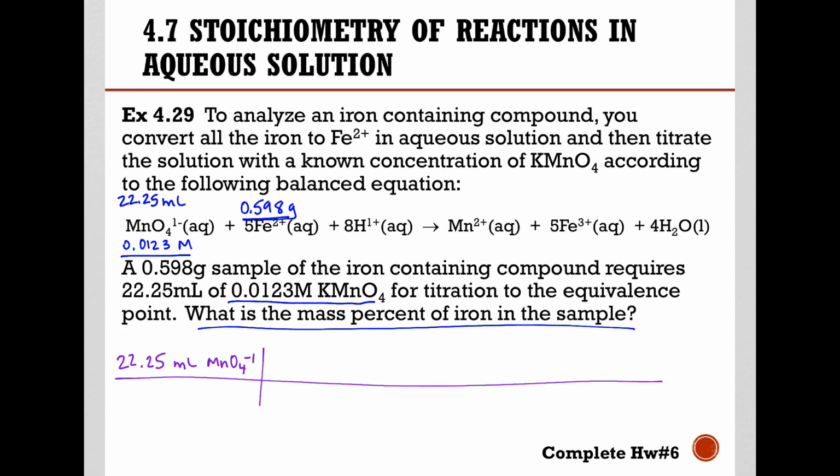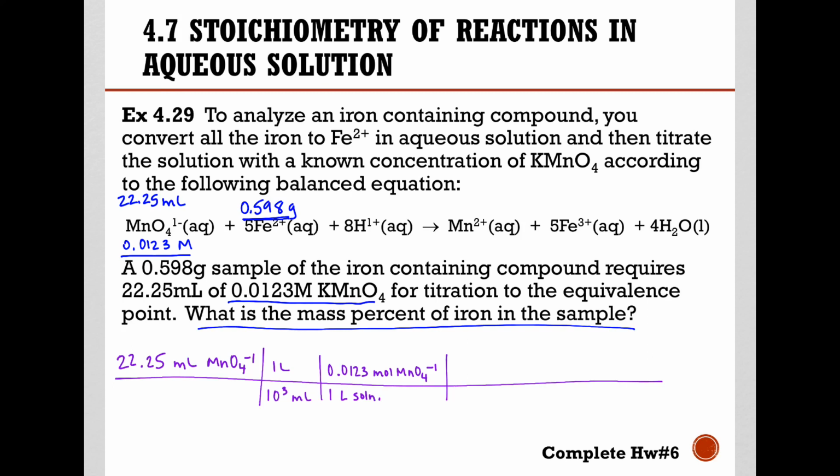Okay, once we have that, we know that we would need to convert to liters, so 1,000 milliliters per 1 liter. Then we can use our molarity. So 1 liter of solution would have 0.0123 moles of the permanganate ion based on the molarity we were given. Then we can use our mole ratio.